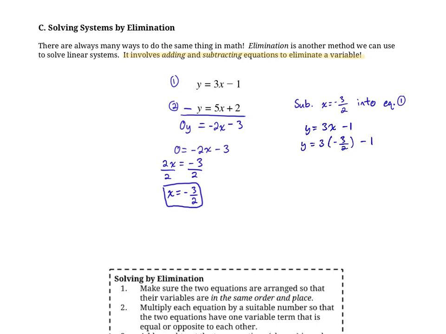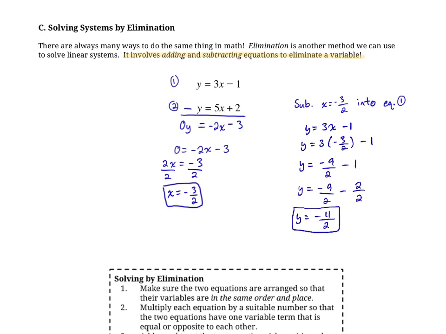Now notice how we're just left with one variable in the equation, and this is a really easy equation to solve, so we're solving for y. So 3 times -3 over 2 is just -9 over 2. And we want to keep our fractions just to keep our answers more exact. So our final answer for y is -11 over 2.